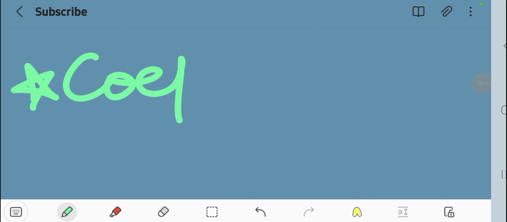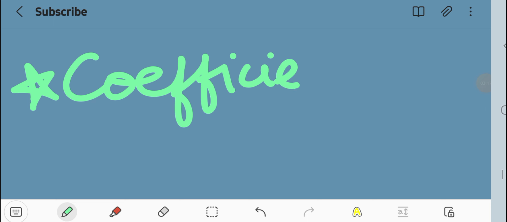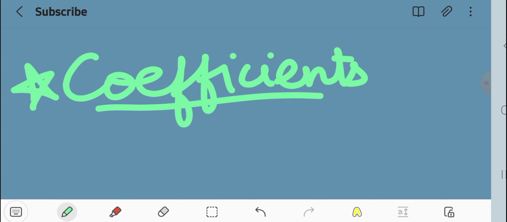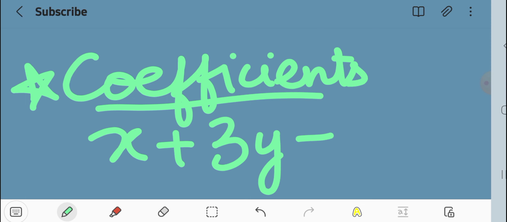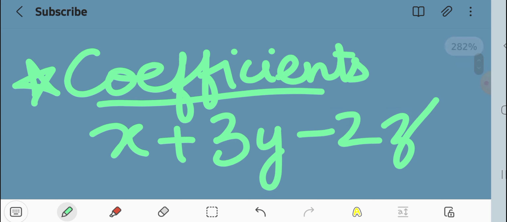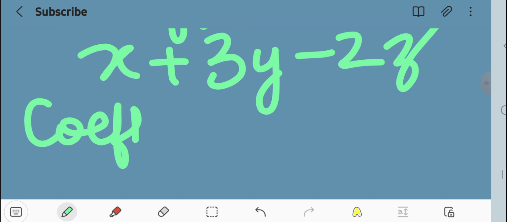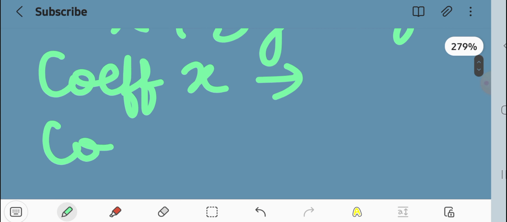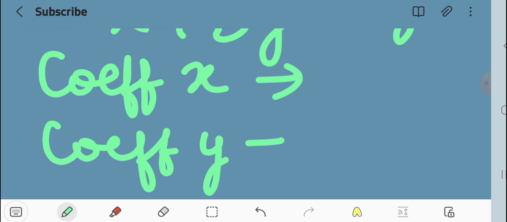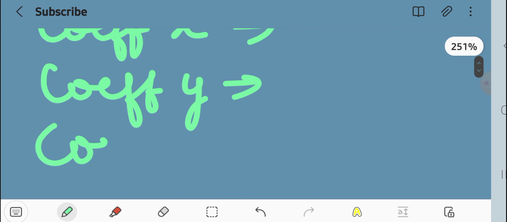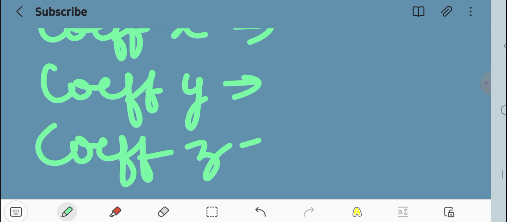Coefficients. So what is a coefficient? I'll give x plus 3y minus 2z as an example equation. So there are three variables, x, y, z.